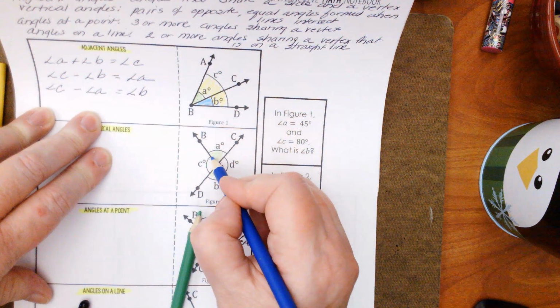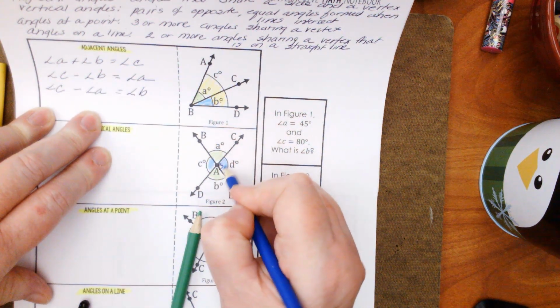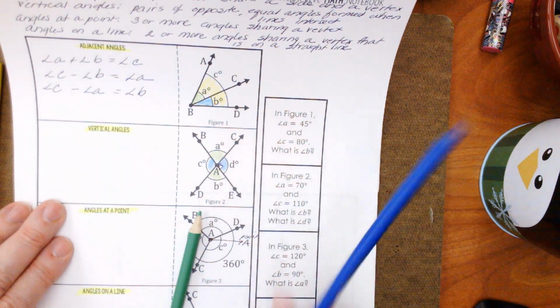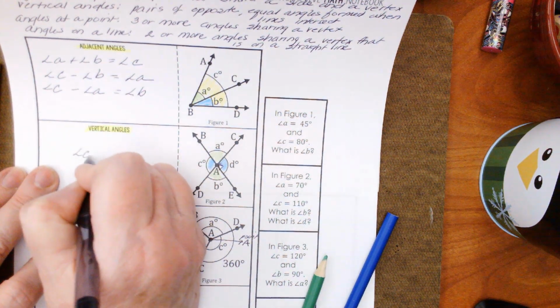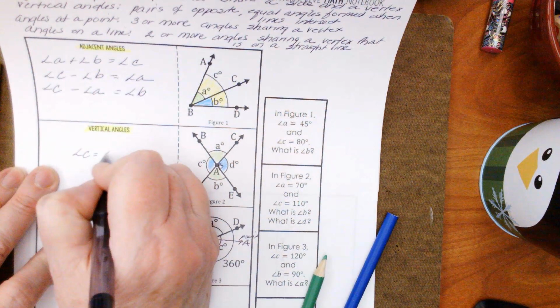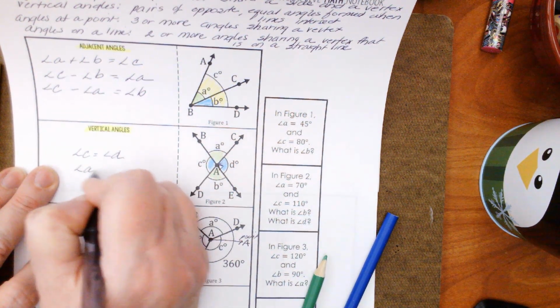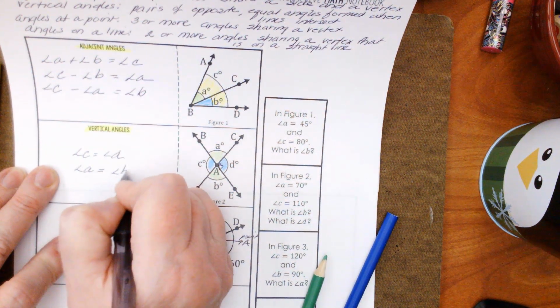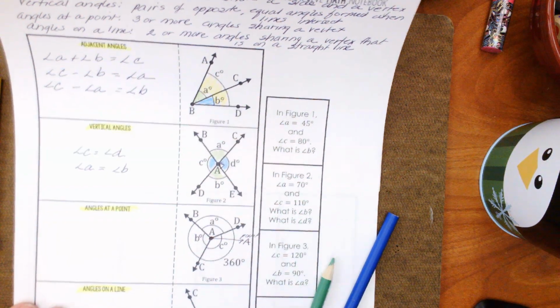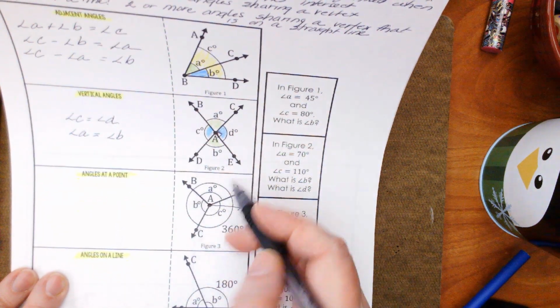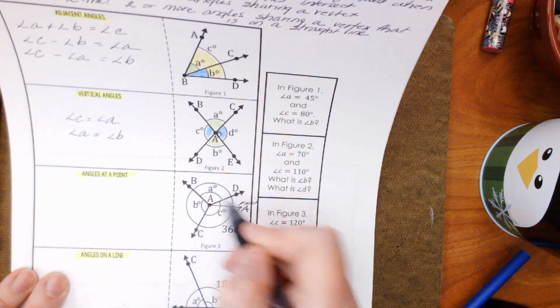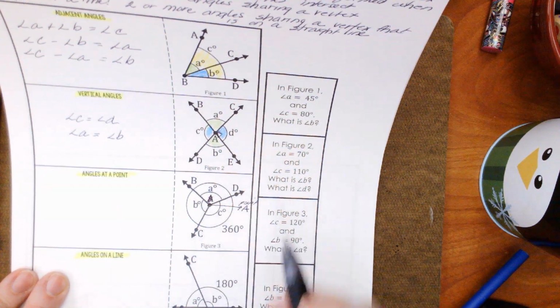And then C and D are equal. So angle C equals angle D, and angle A equals angle B. Now these down here, I find this confusing, so just so you know, this point is A. So I'm getting rid of the big A here because I think it's kind of confusing.